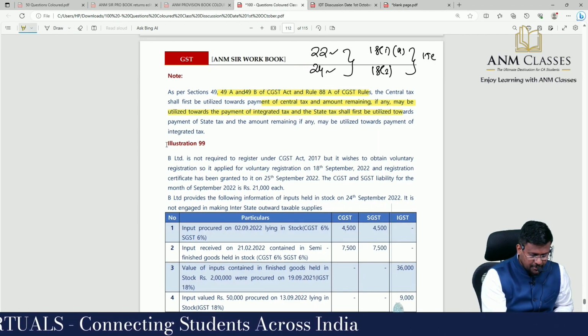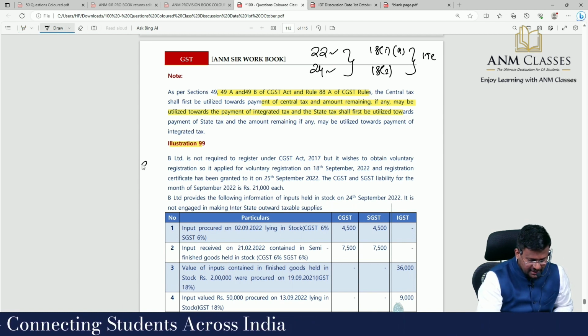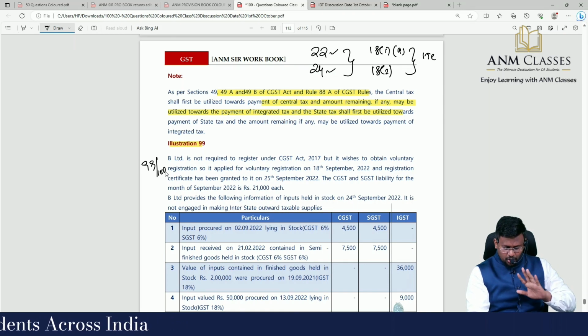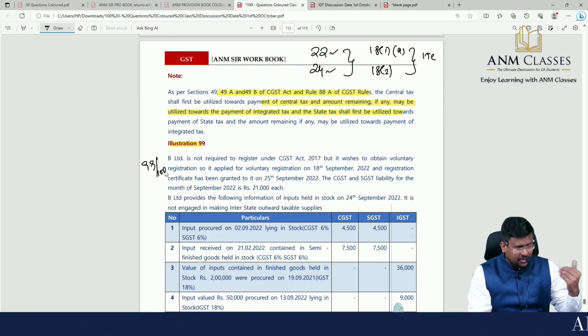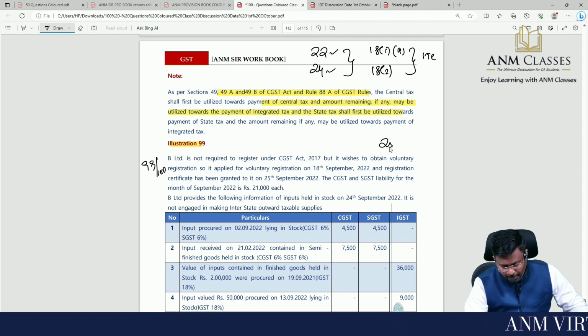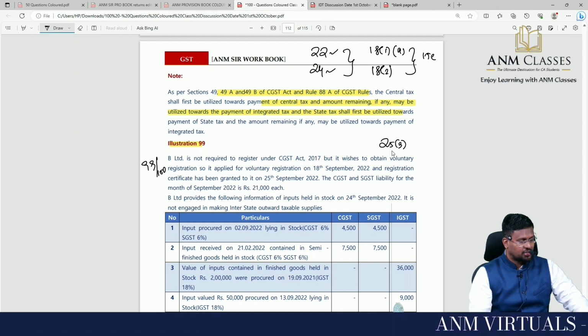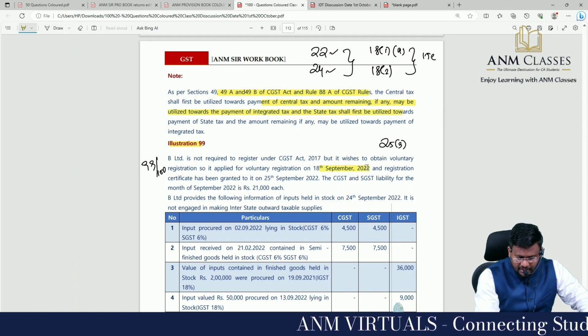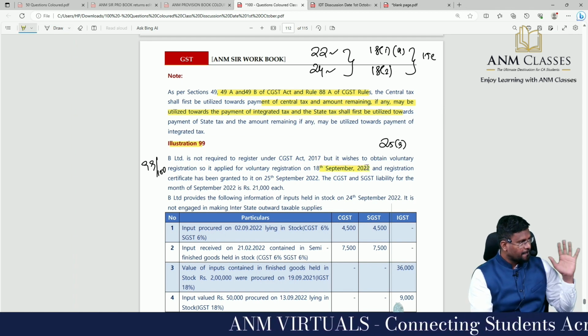Sir, the similar question, which is the 99th question out of 100 questions. B Limited is not required to register under the CGST Act, but it wishes to obtain a registration. So they are basically talking about 25 subsection 3. So it applied for voluntary registration on 18th September. That is not a valid date.